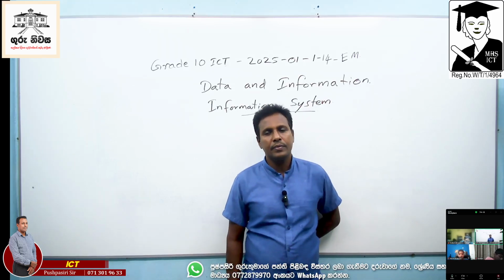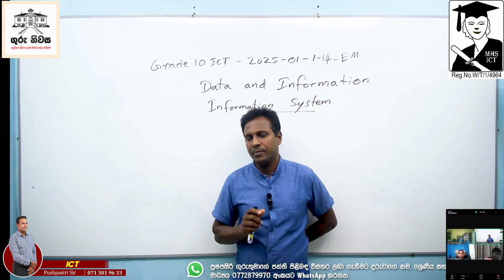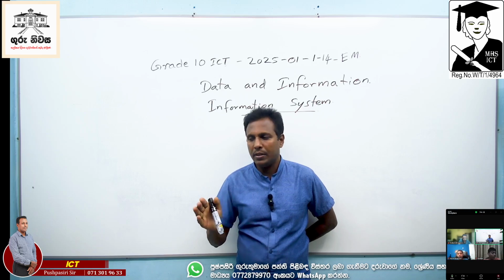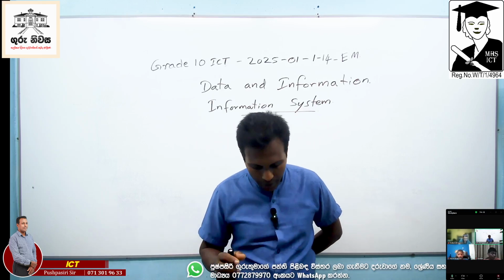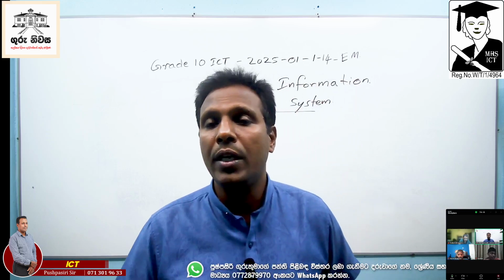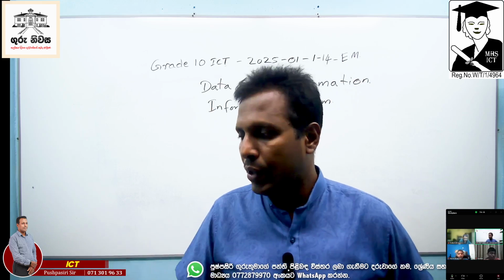Right now we know what is information and we know what is a system. So what is an information system? An information system is a system that we use to get the information requirements.